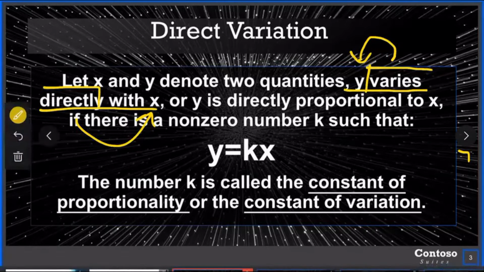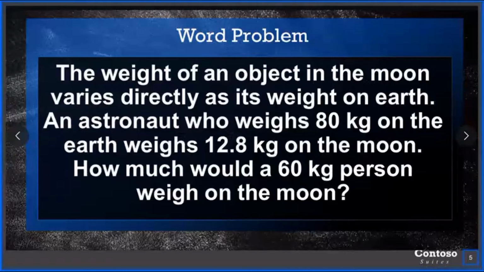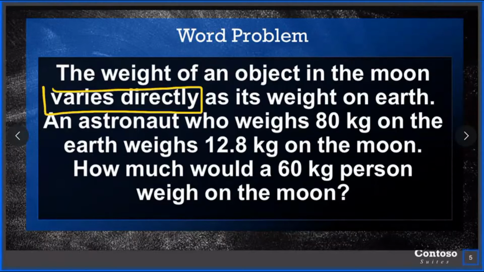So now let us go to the word problem. Our first sentence says, the weight of an object on the moon varies directly as the weight on the earth. So we have the words varies directly. Always remember, whoever comes first is y, and whoever comes after varies directly is x.